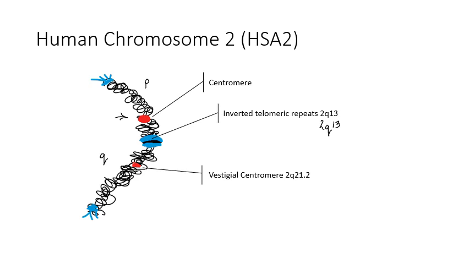So that information is provided just under the new centromere in HSA2. And if we progress down a little bit further, we have a vestigial centromere at 2Q, position 21.2. And as pointed out, this tells us that something significant had happened in human evolution that really set us on a different path from our ancestors.